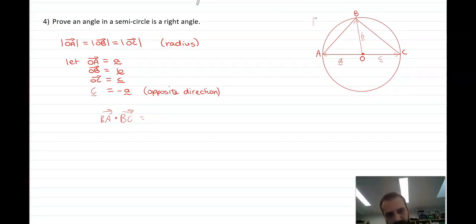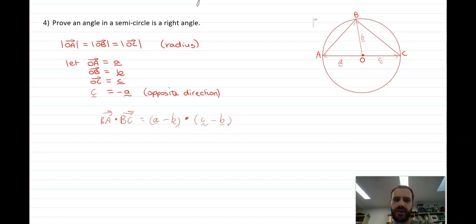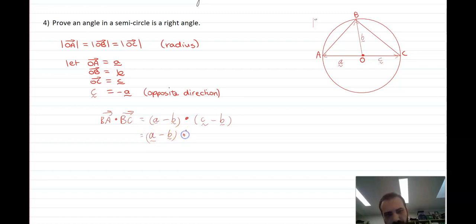Vector BA is vector A minus vector B, and then we're going to do the dot product with vector C minus B. You can pause the video and think about why BC is C minus B, but the important thing to note here is I don't want to talk in terms of these 3 vectors because I now know that C is actually negative A.